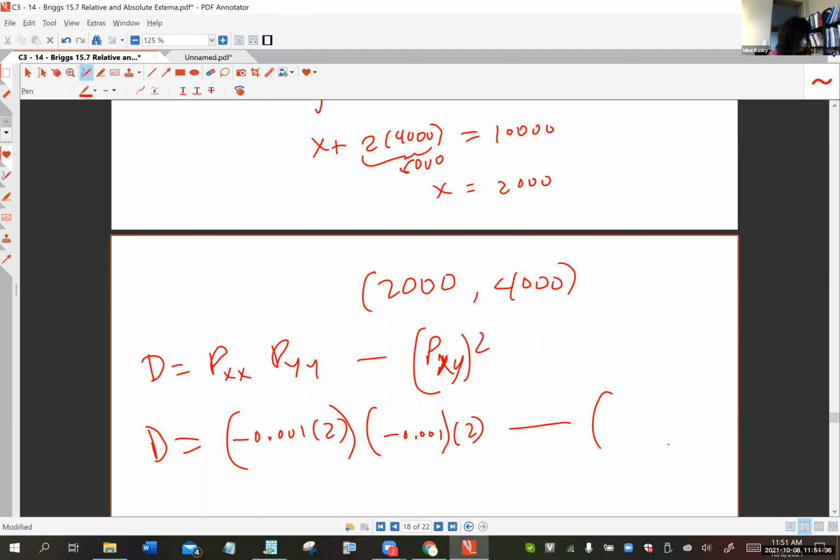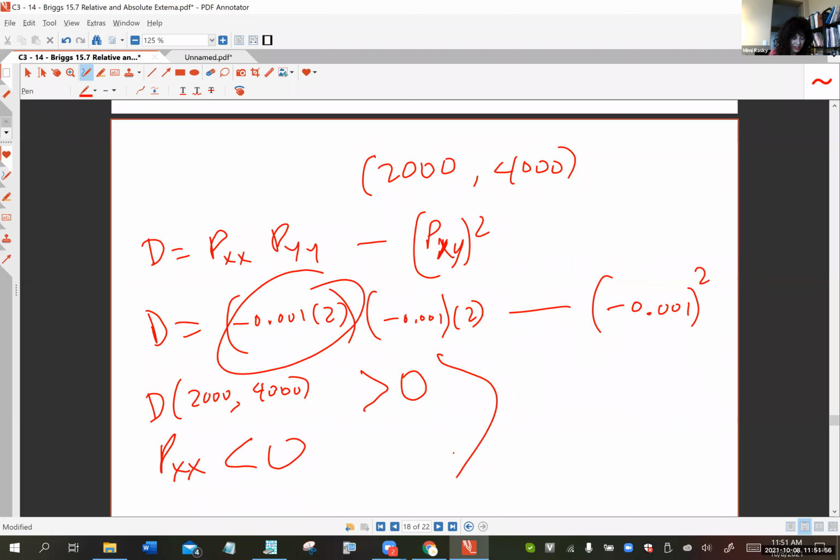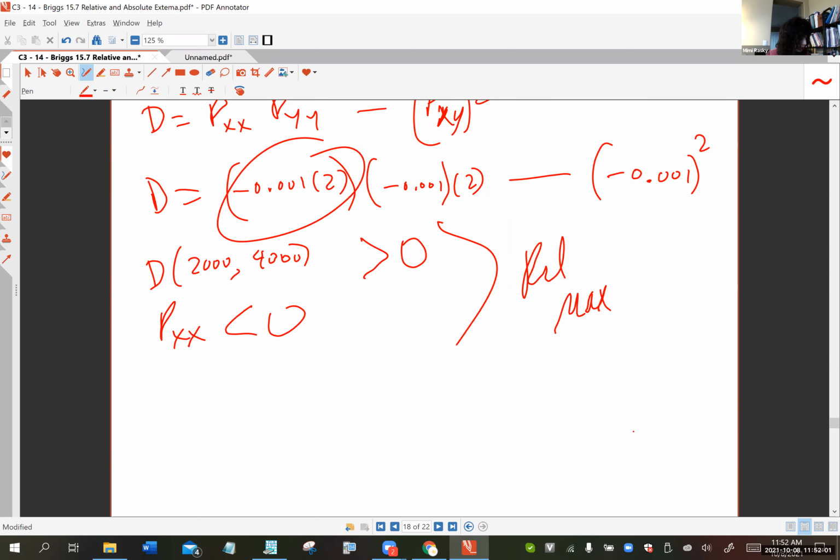Minus P_xy, minus 0.001 squared. If you evaluate the critical point at this D quantity, you should get something positive, and then your P_xx is a constant and it's already negative. So this definitely gives you a real max for your profit. Yay! And that's what you wanted.